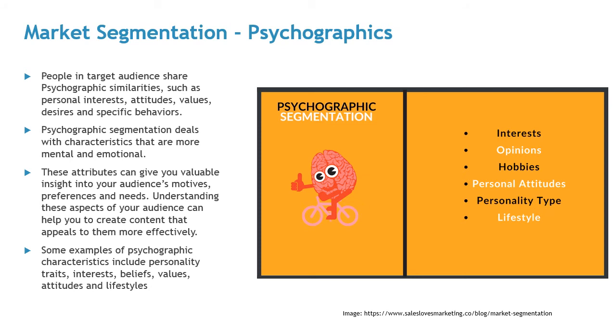These attributes can give you valuable insight into your audience's motives, preferences, and needs. Understanding these aspects of your audience can help you to create content that appeals to them more effectively. Some examples of psychographic characteristics include personality traits, interests, beliefs, values, attitudes, and lifestyles.